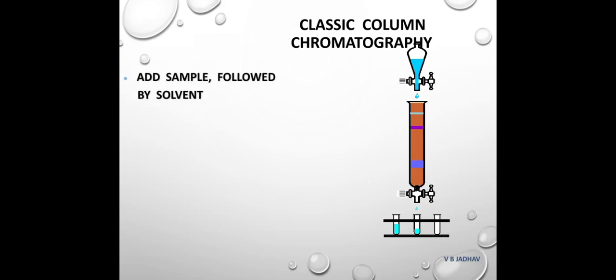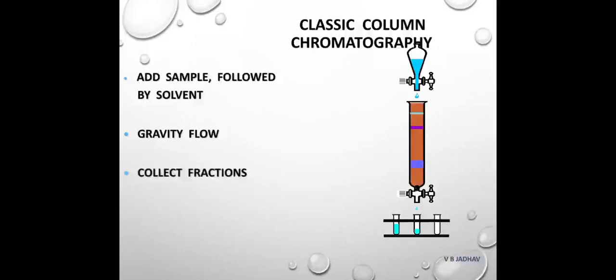In this classical column chromatography, the sample is added on the surface of the column, and then the solvent is allowed to flow. The solvent flows through the column by gravitational force, so it is called gravity flow.